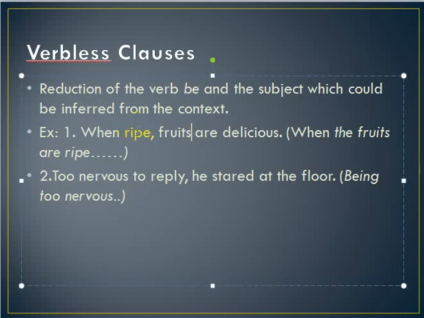Then when ripe, what is the subject? It is the fruit. So we can say the fruits, and since it is an adjective, it needs a copular verb, which is either a linking verb such as become, or the copular verb is. And since the fruits is a plural noun, then we should put are.